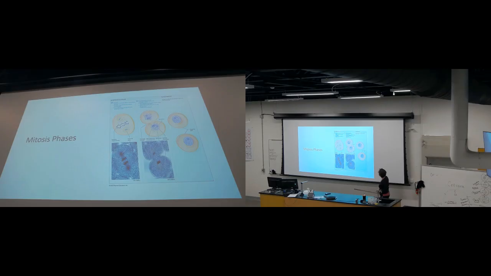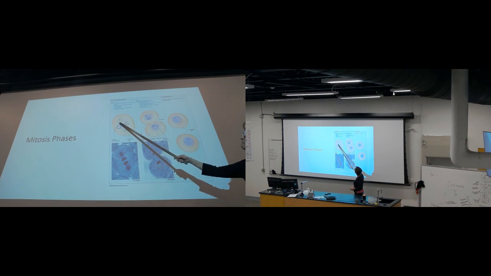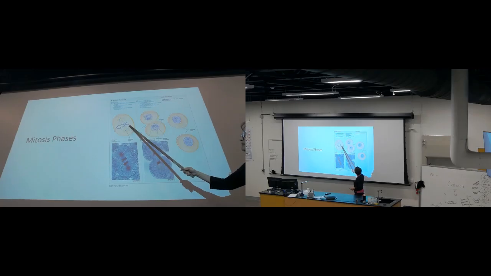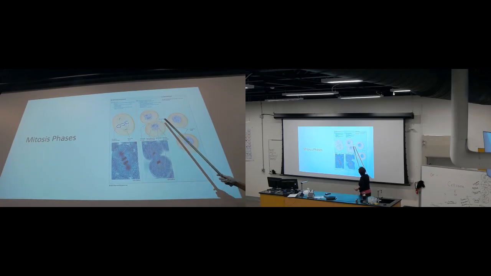So that's metaphase. And then in anaphase, you start pulling apart the chromosomes by shortening these microtubules. And then in telophase, the chromosomes are definitely farther apart, and then you start forming again your nuclear membrane.